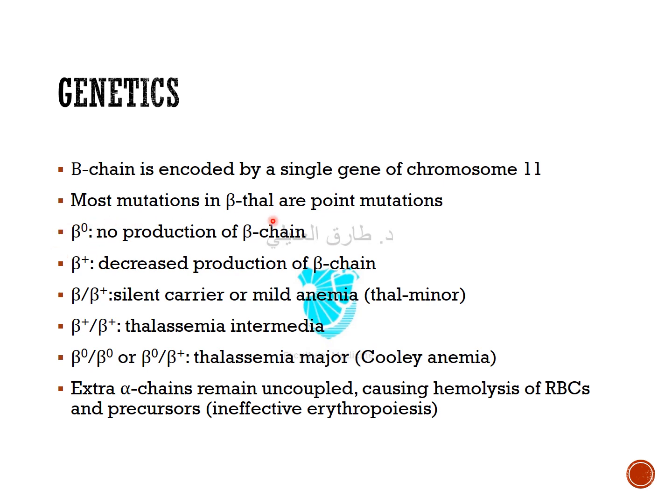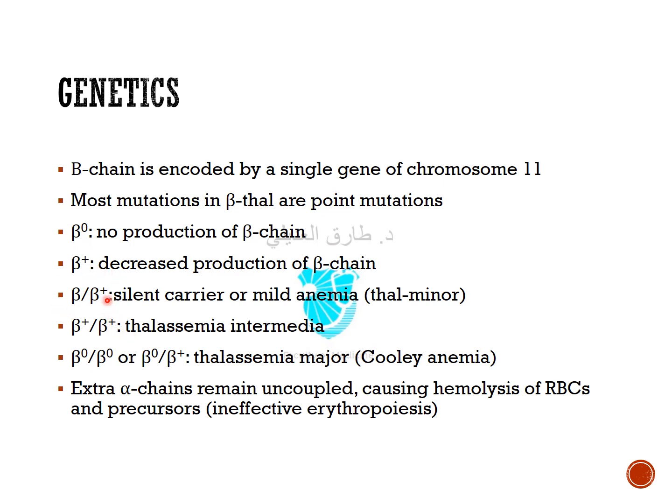Okay, if this mutation causes a non-functioning gene, so that set of gene doesn't produce any beta chain, it is beta 0. Other mutations produce a smaller amount of beta chain, so we call it beta plus. Okay, there is production, but it is slow and decreased.